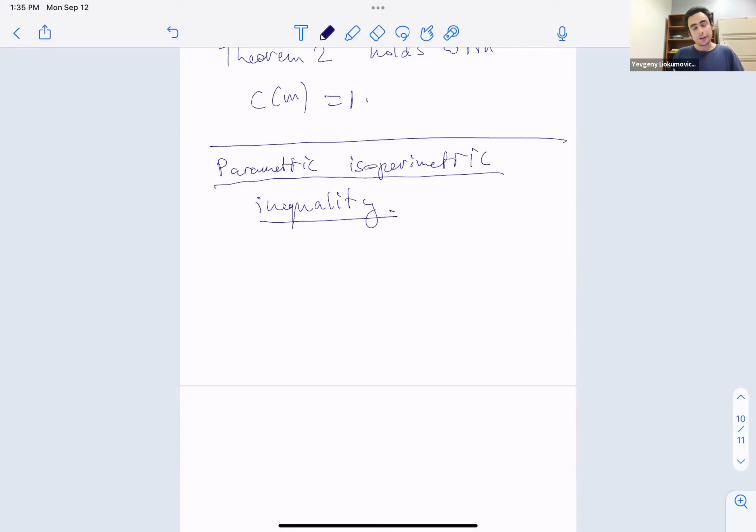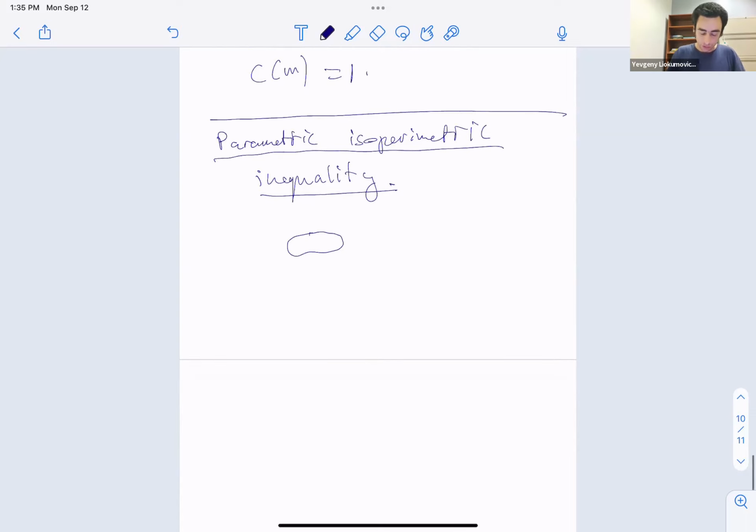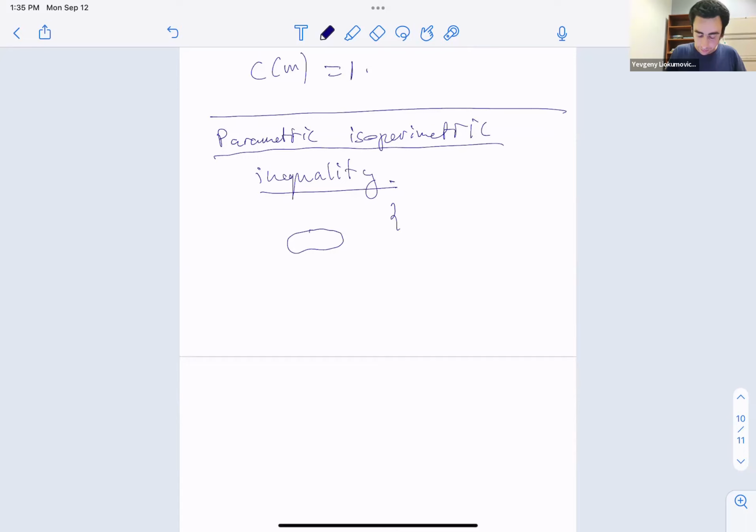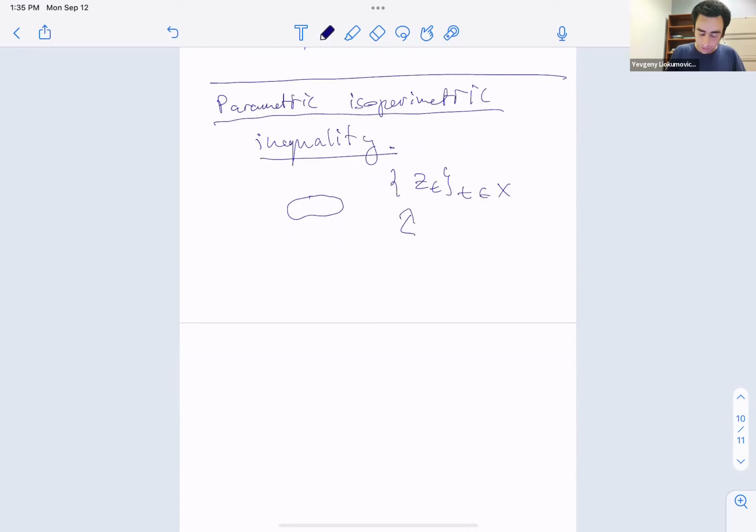A problem that arises very naturally in the study of the geometry of the space of cycles is if we consider manifolds moving, or cycles moving, in the flat topology. So we have a family Z_t, t parameterized by X, where this family is continuous in the flat topology.